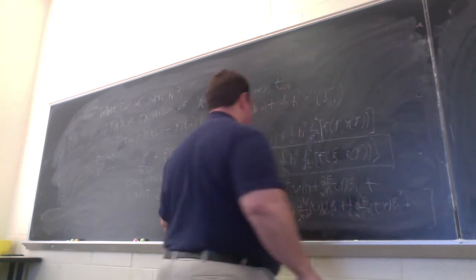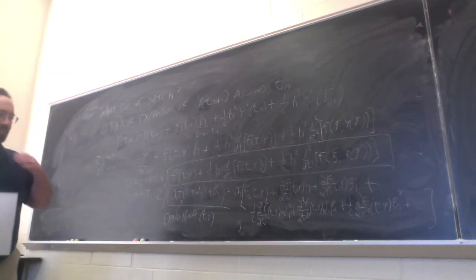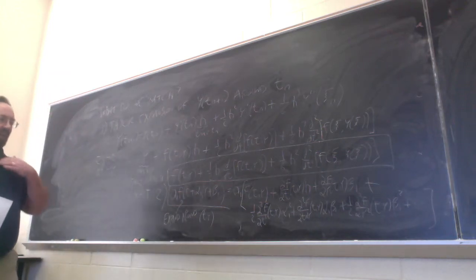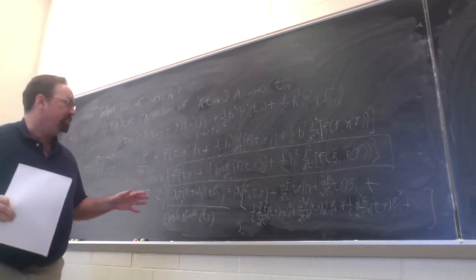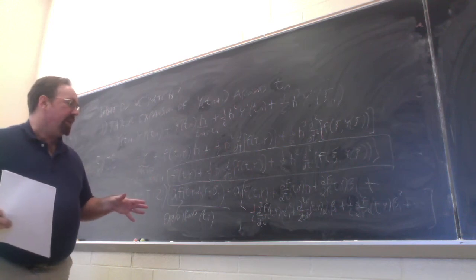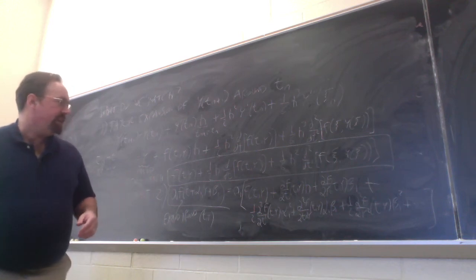I'm not going to write the other terms. In fact, I'm not going to need the other terms because the terms I've written down will be enough to figure out what all the parameters should be.